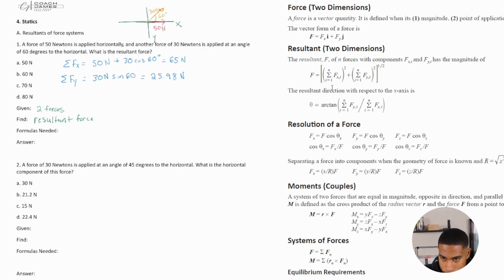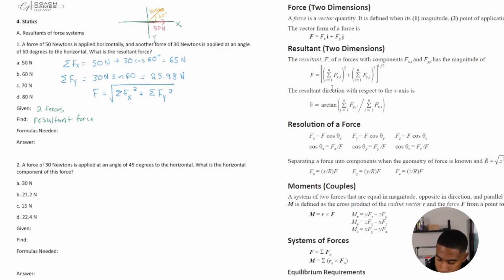So the resultant force is going to equal F, which is equal to, I'm going to write this in terms where it makes a little bit more sense. So the sum of the forces in the x squared plus the sum of the forces in the y squared, and then we want to take the square root of all of that, all right? Basically the magnitude.